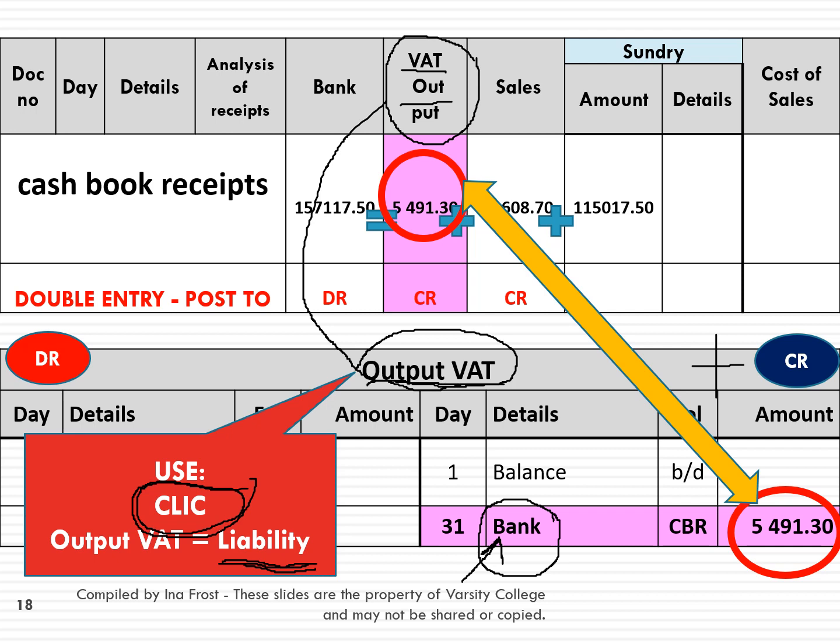And the other side, the debit side of this entry, is found in the bank account in the general ledger. Again, my folio refers me back to cash book receipts because that's where I've calculated this output VAT, and the amount is exactly the same amount as the total in the column in the cash book receipts.